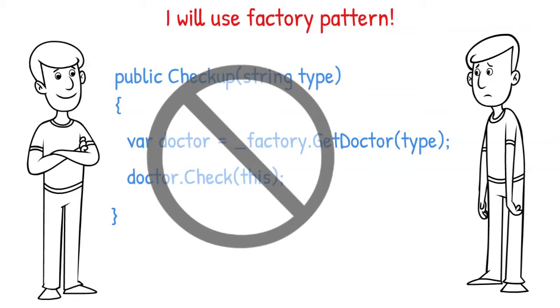Second reason, the factory pattern is solving only the problem where everyone who visits the patient are doctors. What about nurses? The factory pattern will not solve it directly. You'll have to create another factory who instantiates nurse, and then you'll again end up adding more and more complications to the patient class.